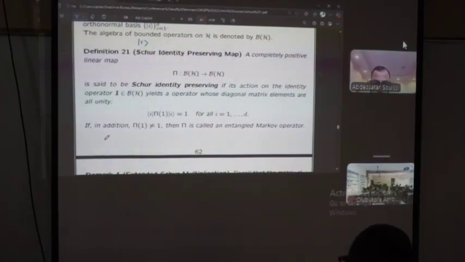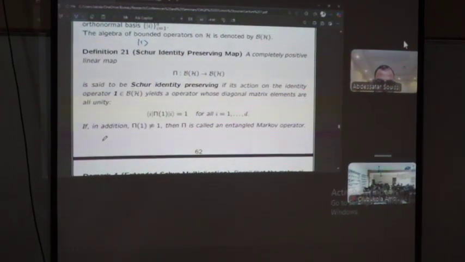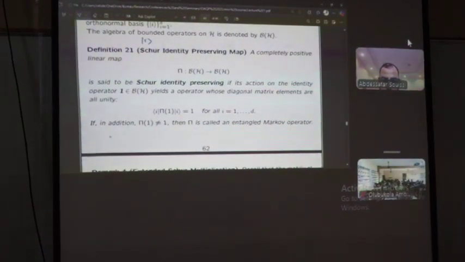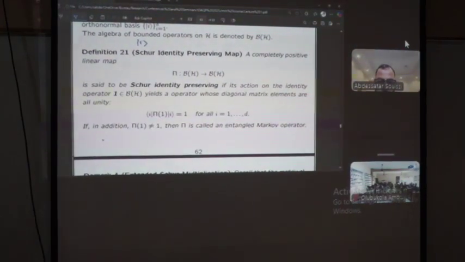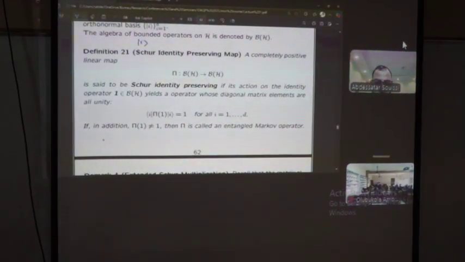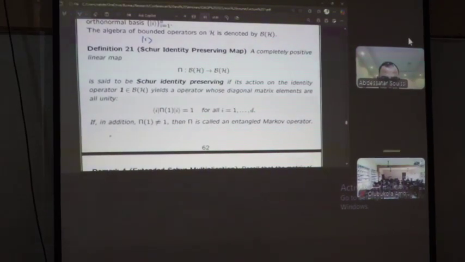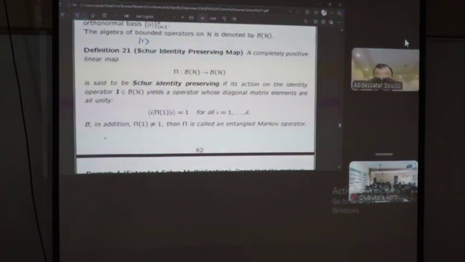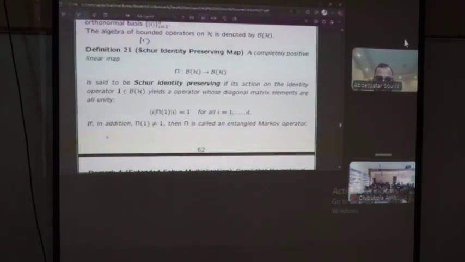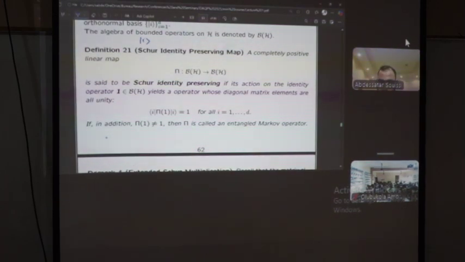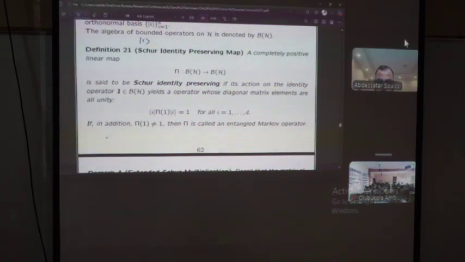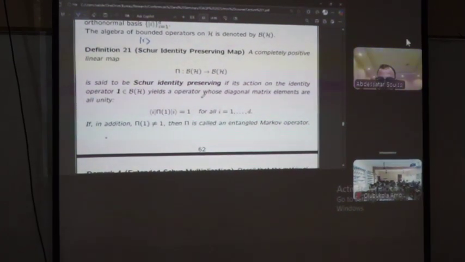Now, if we have this completely positive map, let us find that it's not preserving the identity. Then we call it an integral matrix: completely positive, but not preserving.